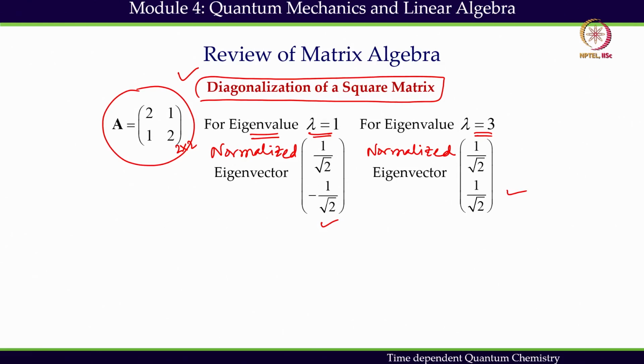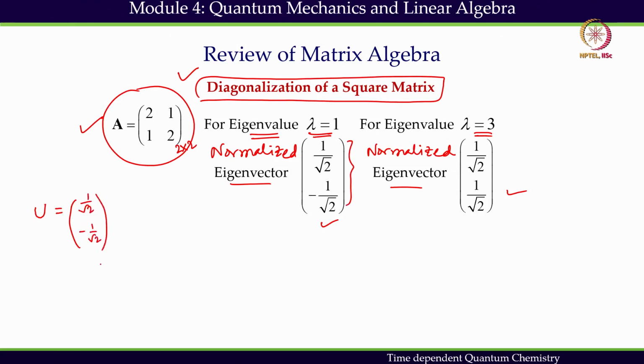We have already seen that for this matrix we have two normalized eigenvectors. And if we have these two normalized eigenvectors, I will now define a matrix like this. U equals, I will take this in one column, 1 by square root of 2, minus 1 by square root of 2.